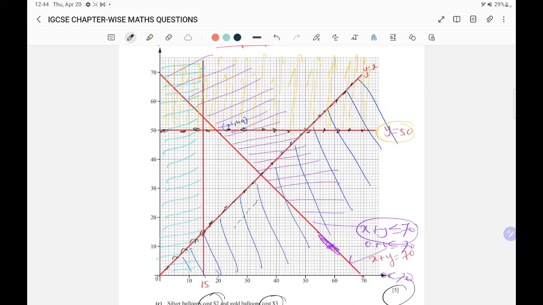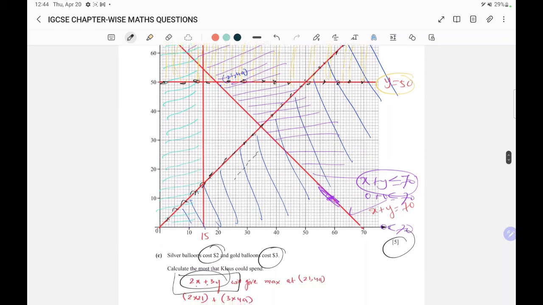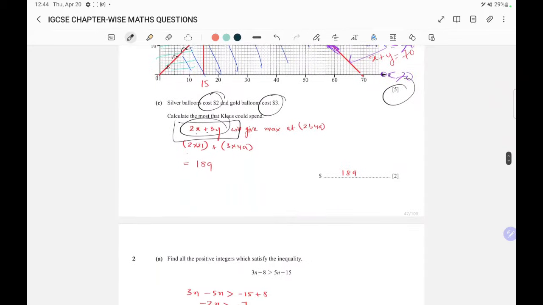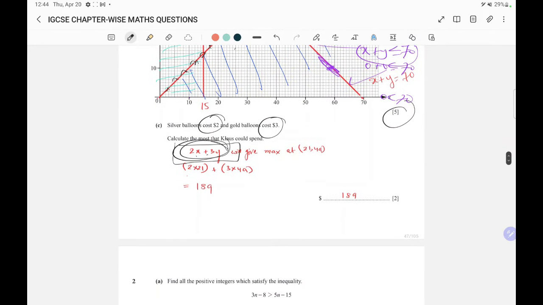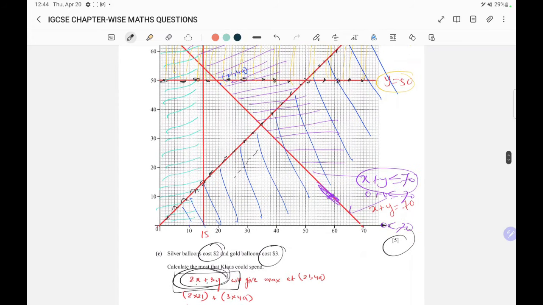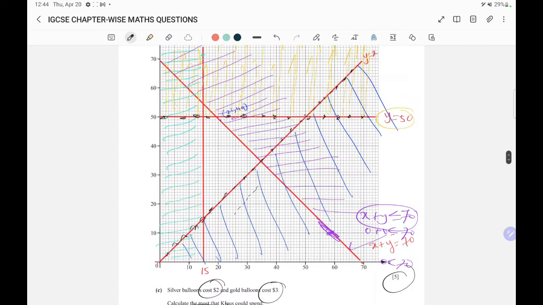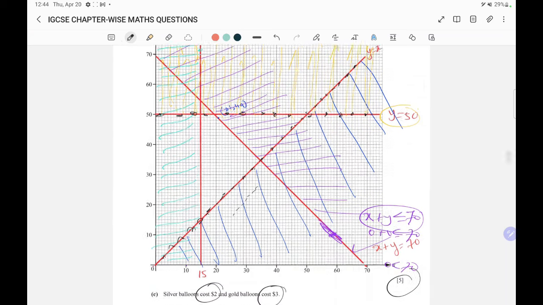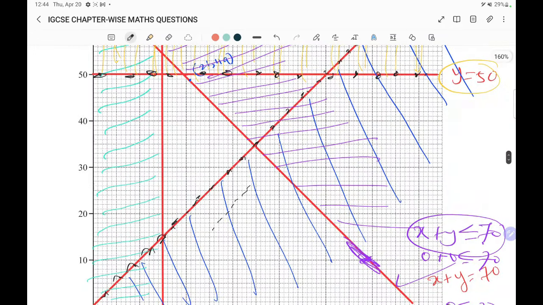Okay, so we have to think about x and y so that 2x plus 3y should be maximum. So I think if we get x and y both max, then it is good. I think this point can be the valid point, because first of all, I cannot take this point because this point lies on the line. 50 I cannot take, but below 50 I can take, right?